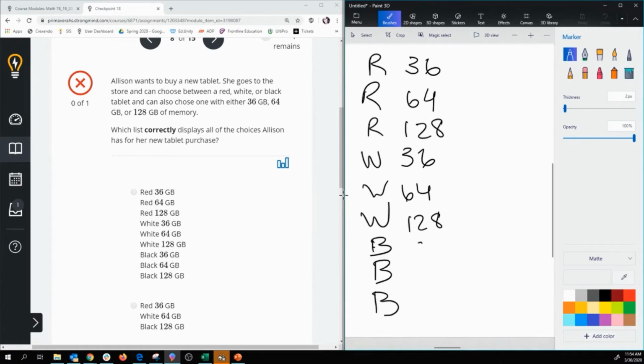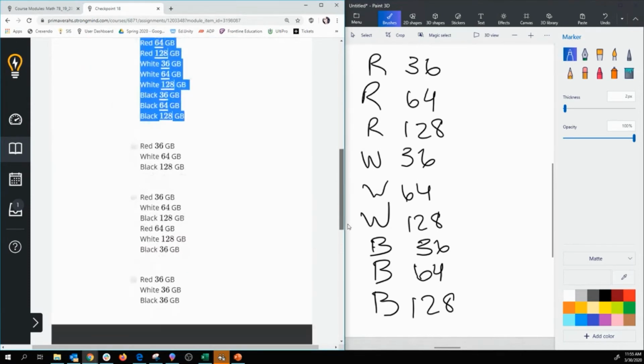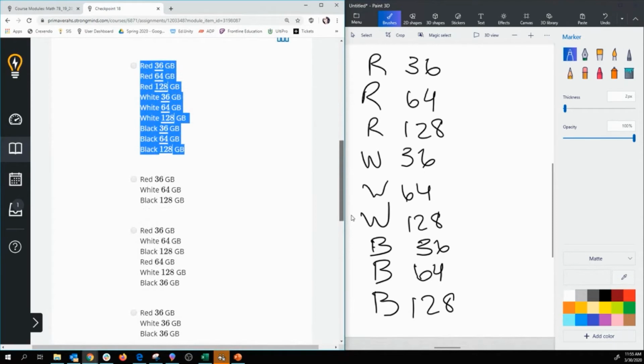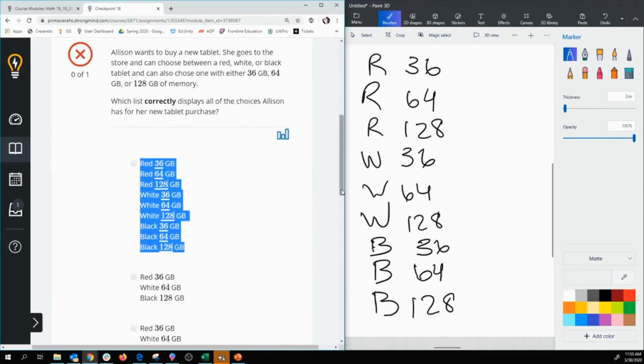It's the same thing. She can pick 36, 64, or 128 gigabytes. So regardless of what color she chooses, she'll have the same 3 storage options. So we want to pick the answer choice that has the 9 options: 3 red, 3 white, and 3 black. On this one, it would be the longest answer choice that has 9.